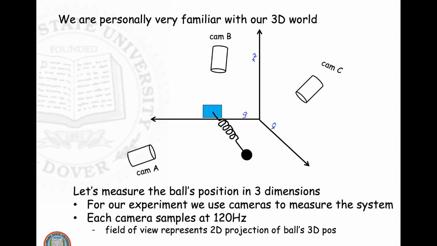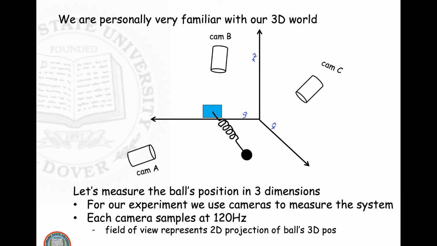These cameras are going to track the position of the ball over time. The hope is that we can take the measurements from these cameras and recover the dynamics of the system, this oscillation, this movement over time. Let's assume that the sample rate of the cameras is fast enough that you can reconstruct it.